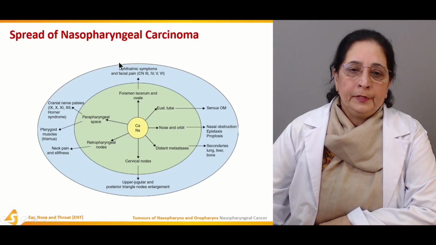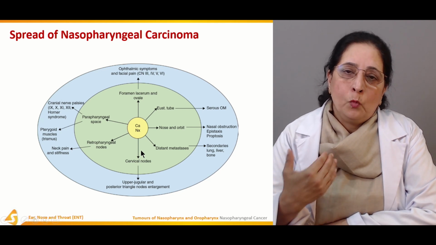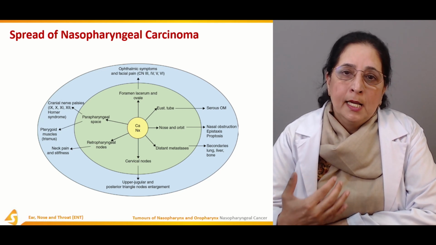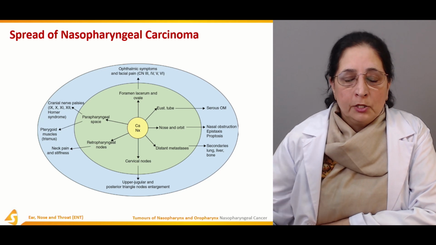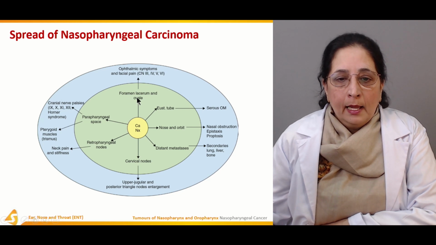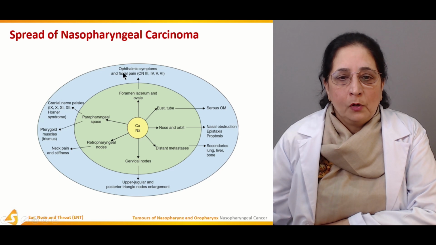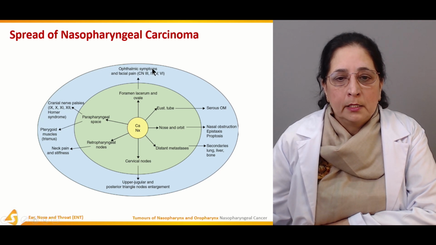Then the spread of nasopharyngeal carcinoma: where it spreads and what are the effects of that spread and extension. So if we go one by one, if it spreads to the foramen lacerum and foramen ovale, then it causes ophthalmic symptoms.